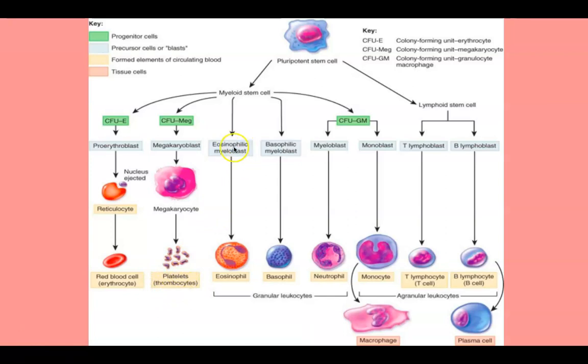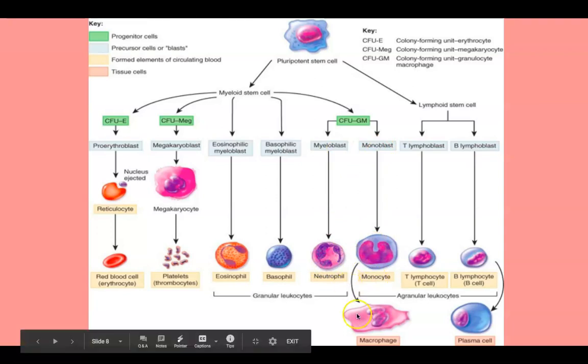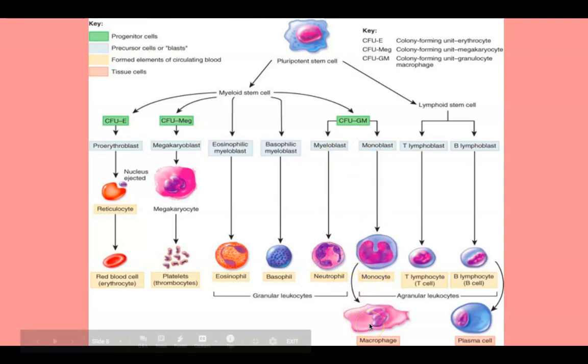These also form eosinophilic myeloblasts and basophilic myeloblasts, which form eosinophils and basophils. Then colony forming unit granulocyte macrophage forms myeloblast, which forms neutrophil, and monoblast, which forms monocyte, which again forms macrophages.